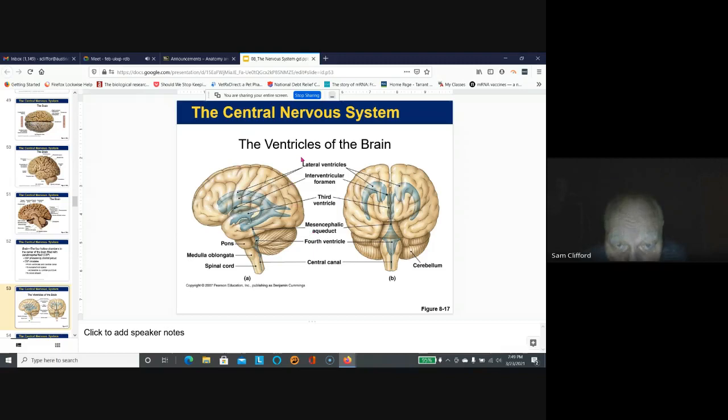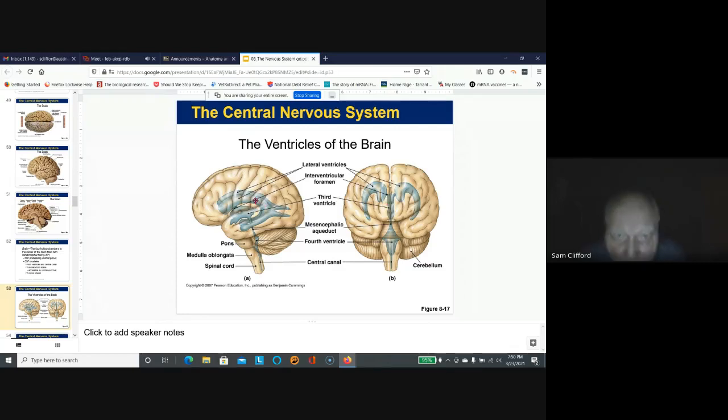So the ventricles of the brain, if you look at the sagittal view and a superior view, you can see the lateral ventricles, then you have a third ventricle, then you have this mesencephalic aqueduct, and you have the fourth ventricle, which is on its way to the spinal cord.